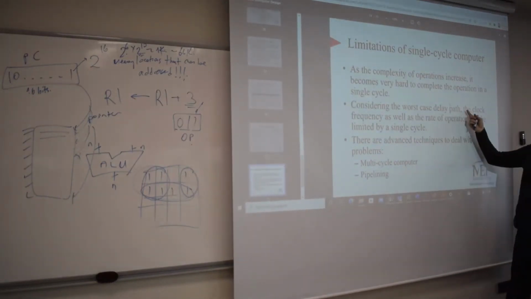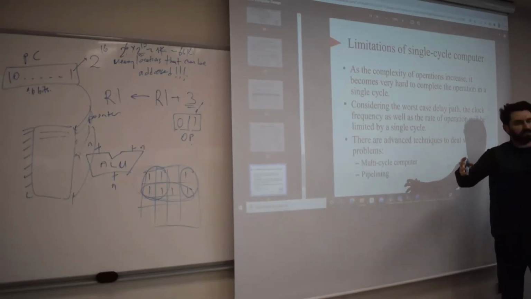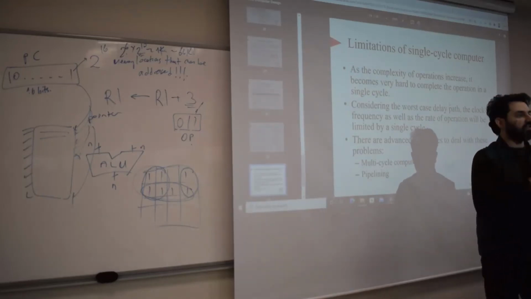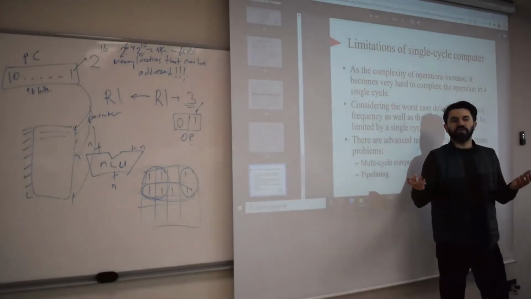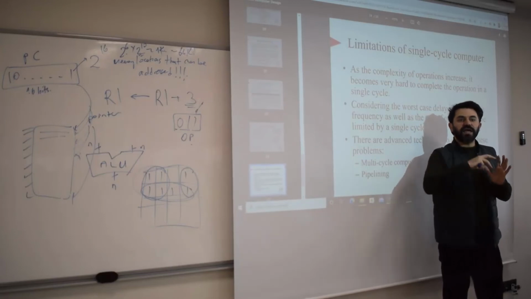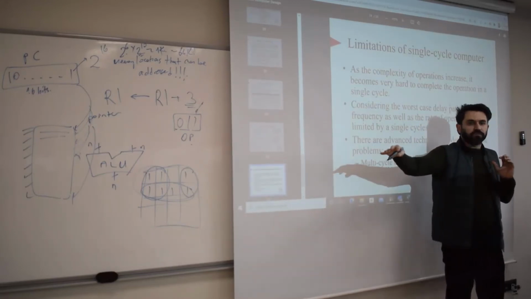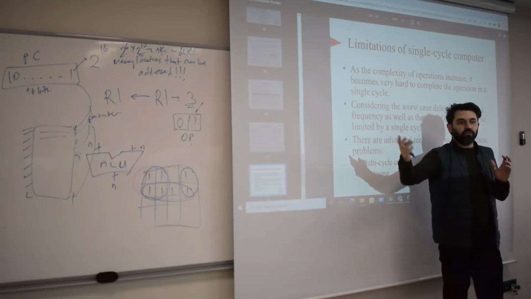Consider the worst case delay path. Worst case, meaning that because there are gate delays, right? In addition to the register reads and writes, there are gate delays. ALUs are not doing everything in 0 seconds. The gate delays that you accumulate throughout the operation for any specific instruction would be different.